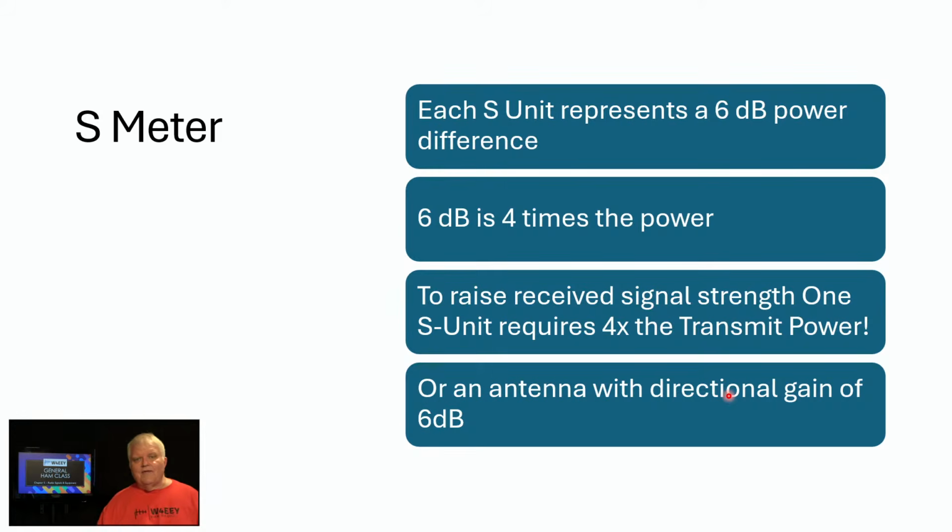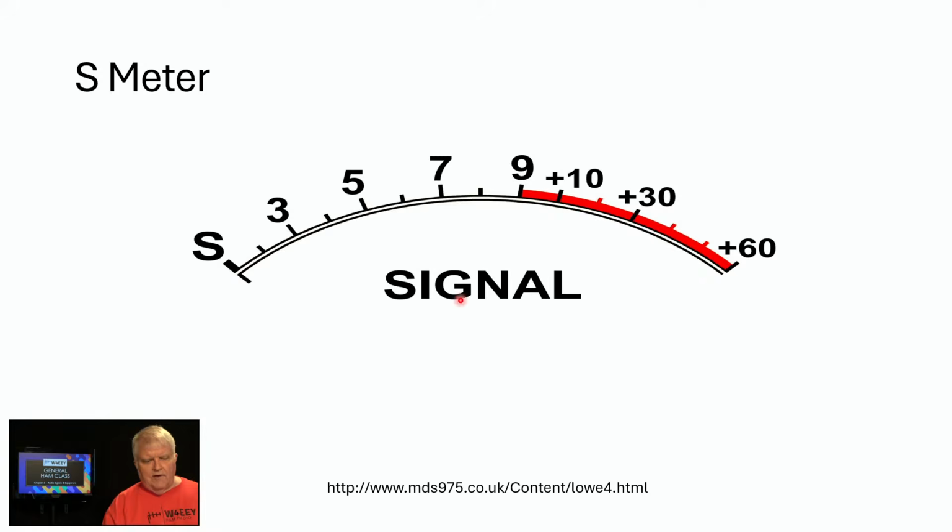6 dB is 4 times power gain, which means that if we're sending a signal out and it's being received at a distance as an S5 signal, and I'm transmitting 100 watts, in order to get that signal up to S6, I have to go to 400 watts output power, not 200, 400 watts.